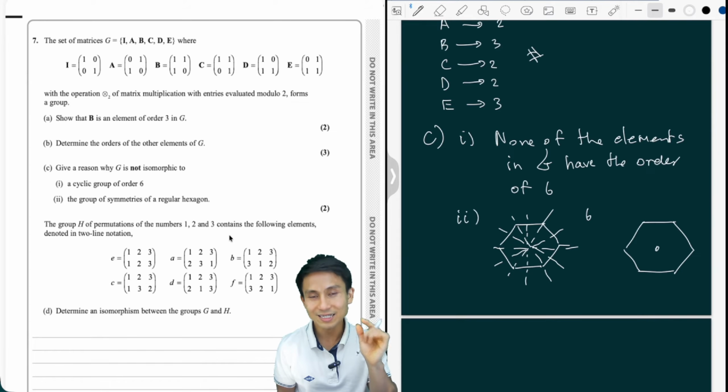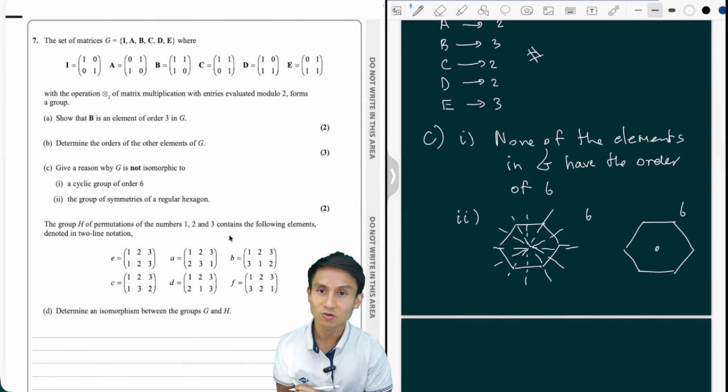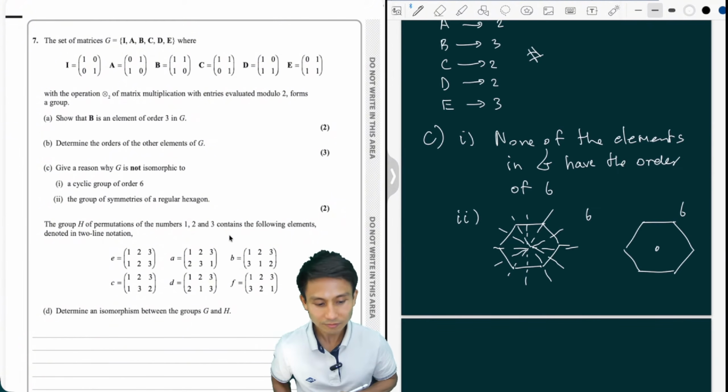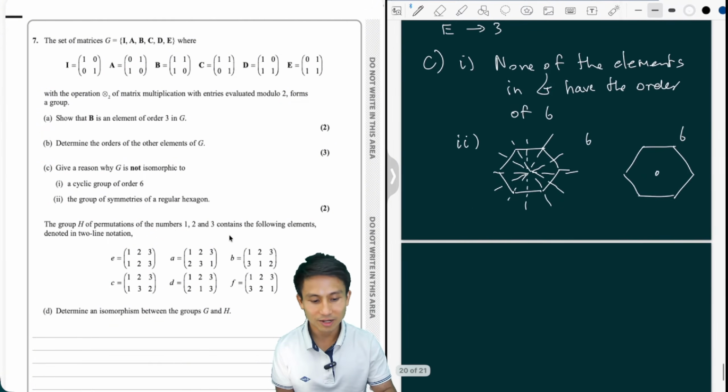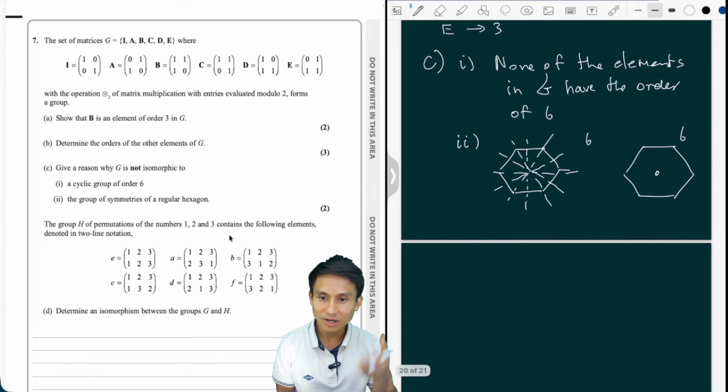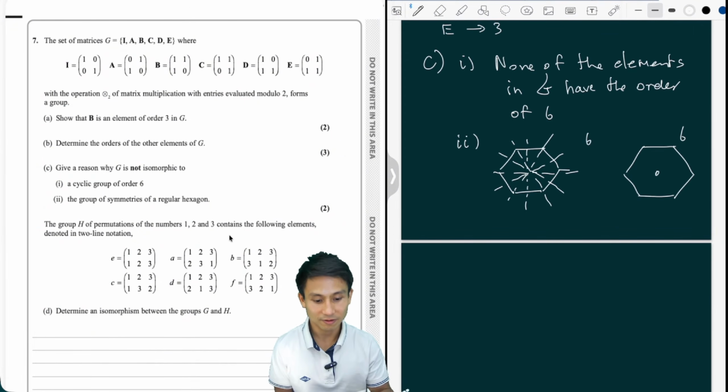So 360 divided by 60 gives 6. So the rotational symmetry is also order 6. If you add them up, you see that the regular hexagon would have an order of symmetries of 12.